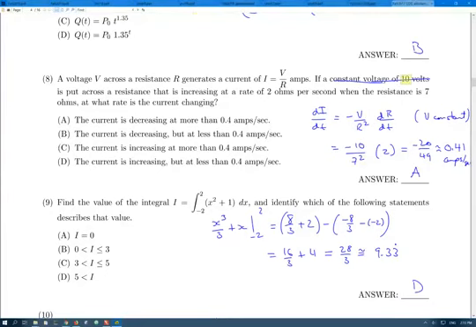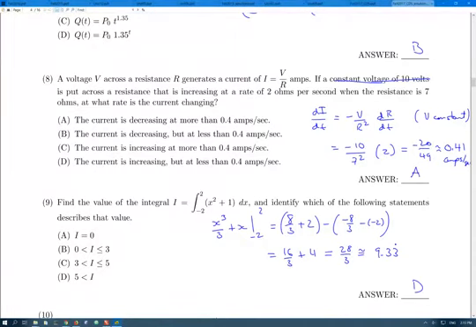The voltage is 10 volts, so we got 10 for that. The resistance is 7, so we used a 7 for that. And the dRdt was that the resistance was increasing at a rate of 2 ohms, so we used a 2 for that. And barring any typos, 20 over 49 is correct, negative.